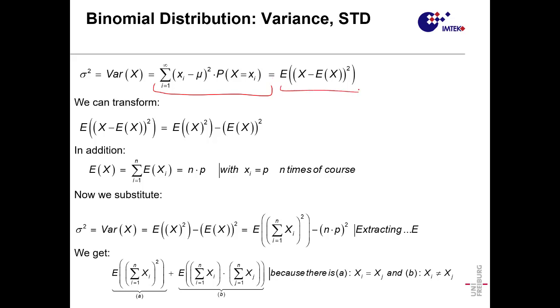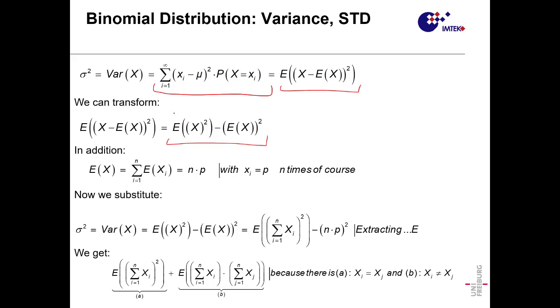Or we can use a formula, right? Which we know we can divide in this nice format. If we take it like that, then we can start deriving the variance for the binomial distribution.